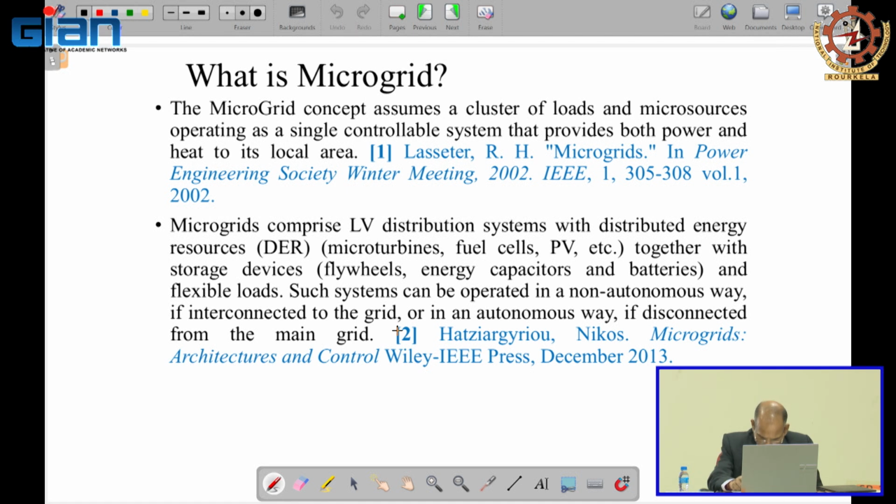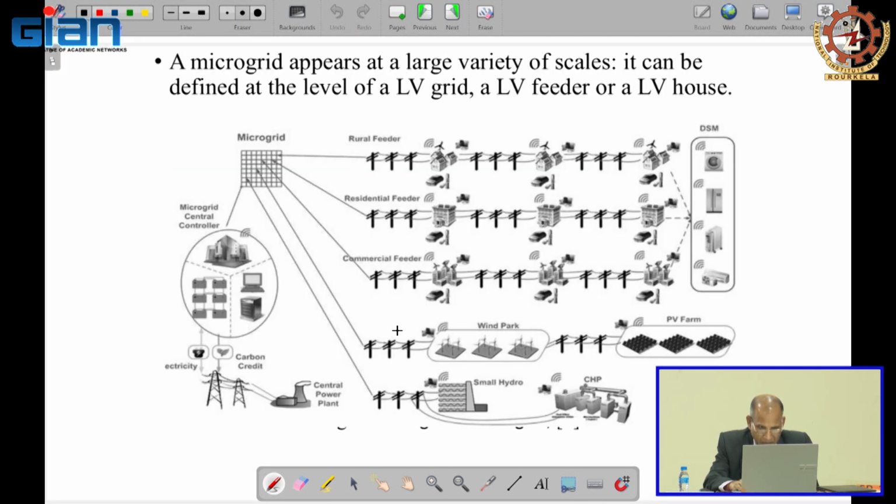So this way you will see that several definitions have been proposed in the literature. And where will this microgrid be connected, at what voltage level?